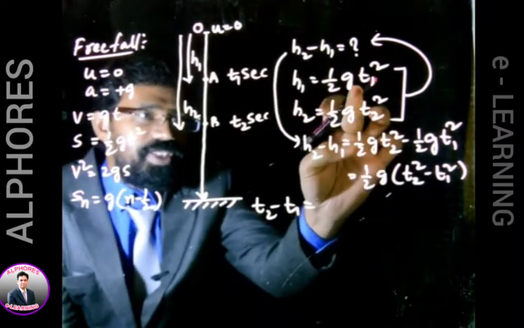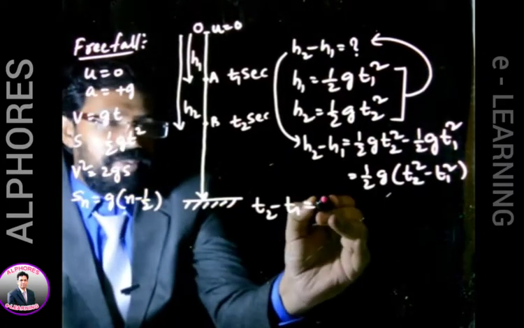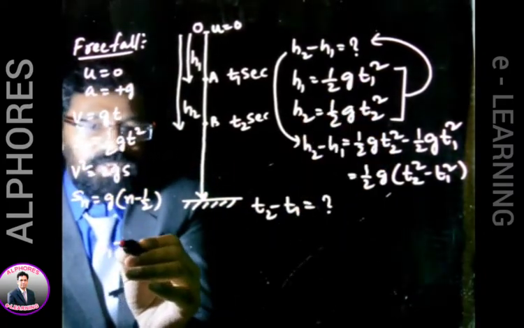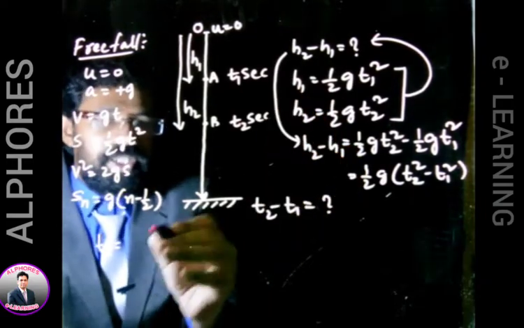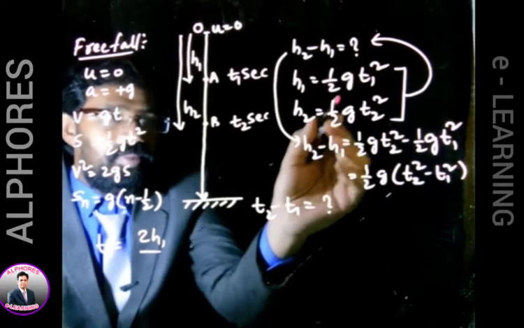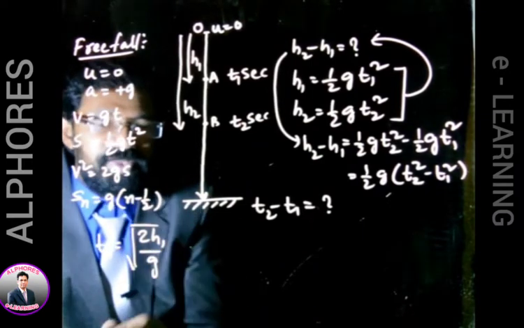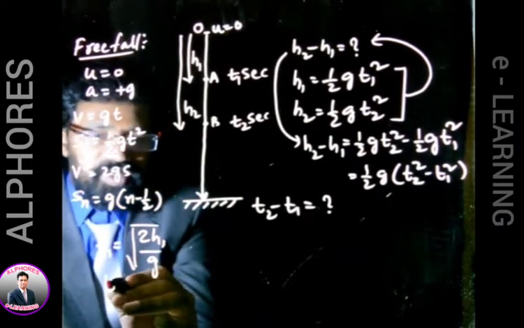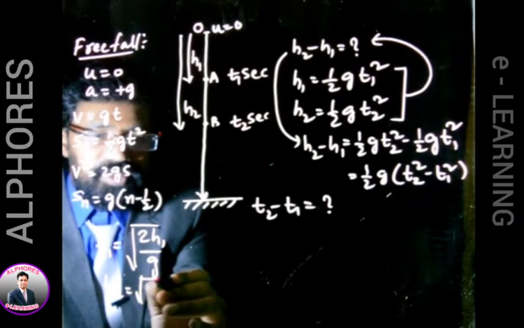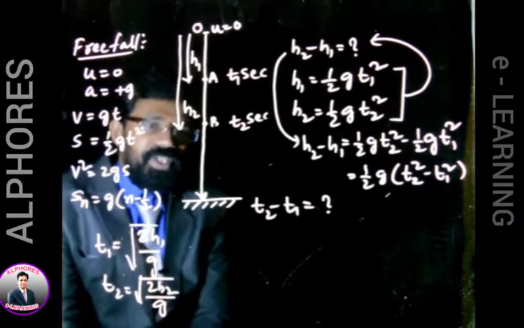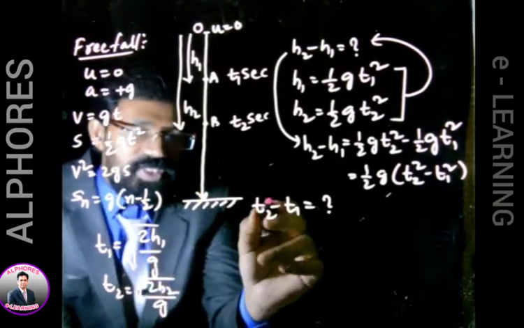See, from this equation, T1 can be written as T1 is equal to under root 2h1 by g. Since T1 square is there, you will have under root, isn't it? Similarly, T2 can be written as under root 2h2 by g. Now I am going to replace T1, T2 in this equation.